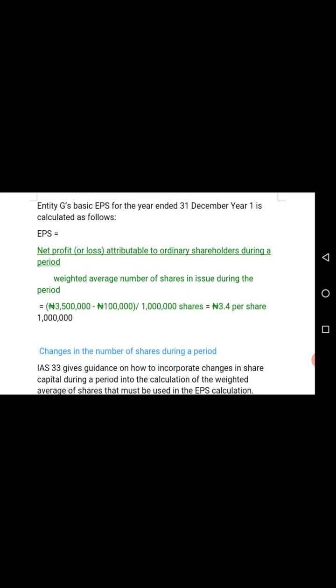This net profit or loss is the same as the earnings, and the earnings is your net profit after tax, that is PAT, less dividends payable to preference shareholders, since we are only looking for equity shareholders. The profit after tax is shared between the preference shareholders and the equity shareholders. Since we are only looking for the equity shareholders, we have to deduct the preference shareholders' share, so we know what goes directly to the ordinary equity shareholders.